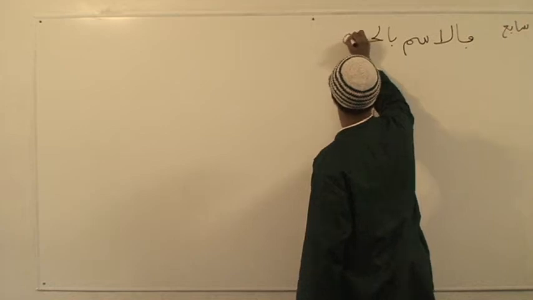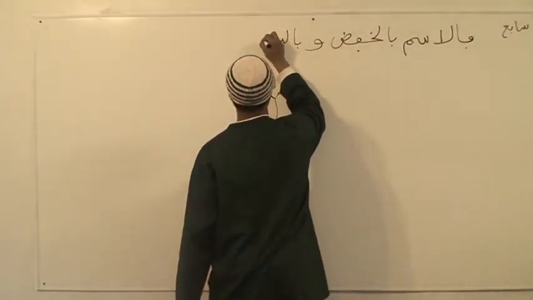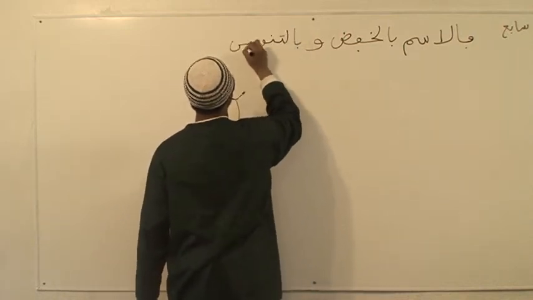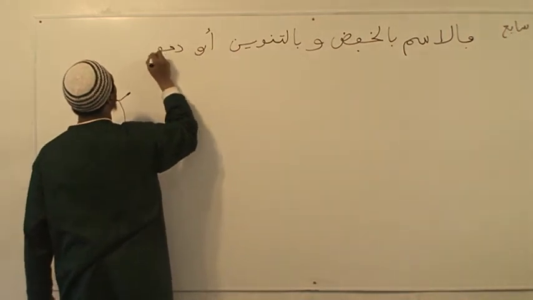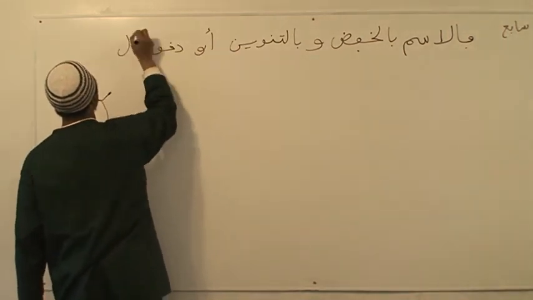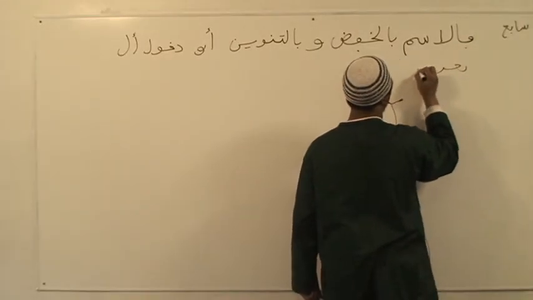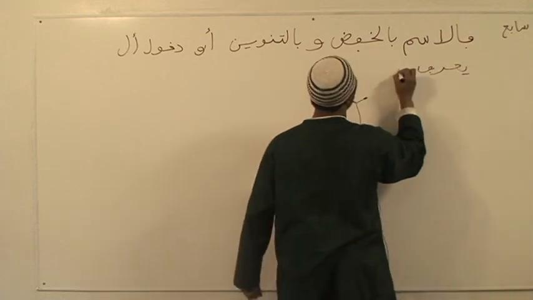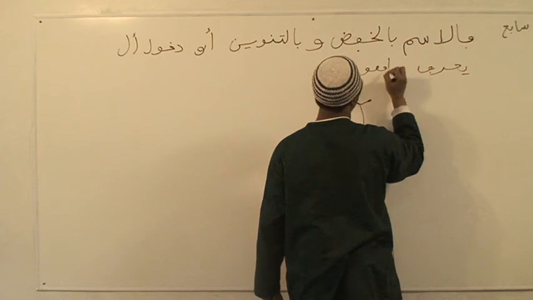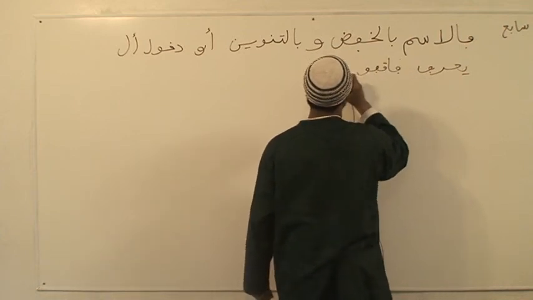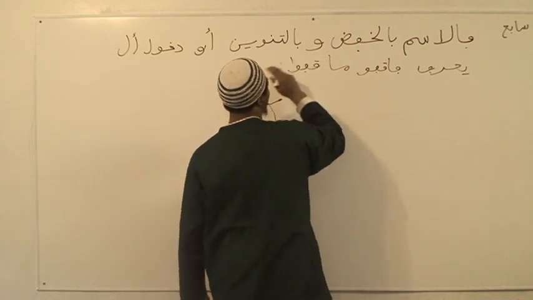Everybody say بِالْخَفْضِ. وَبِالتَّنْوِينِ، أَوْ دُخُولِ الْأَلْ، يُعْرَفُ، فقف ما كفاو. And this was where we did last week, right?